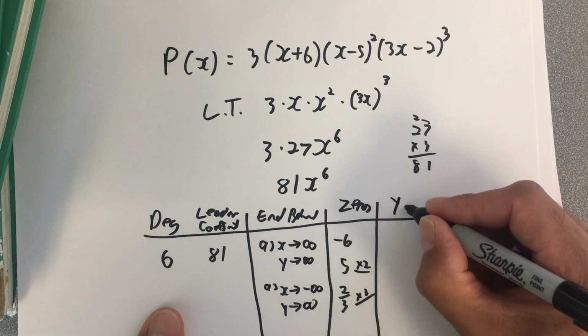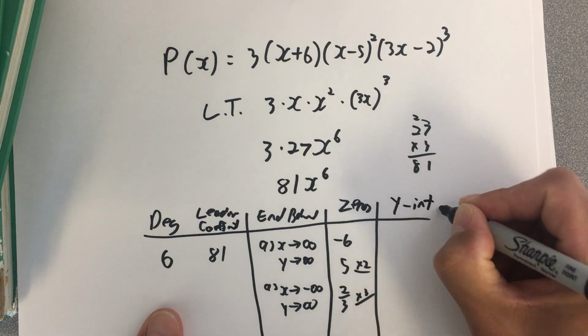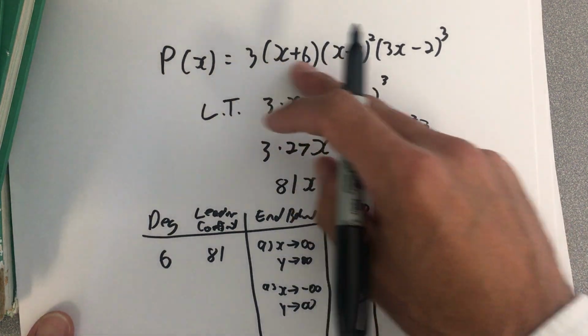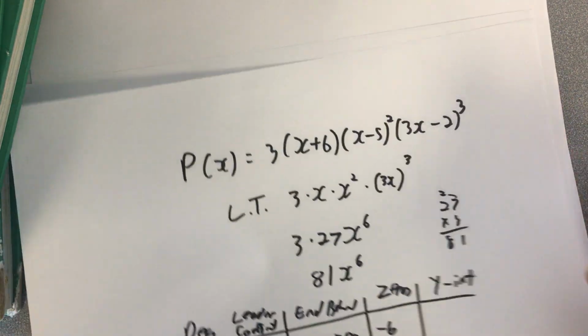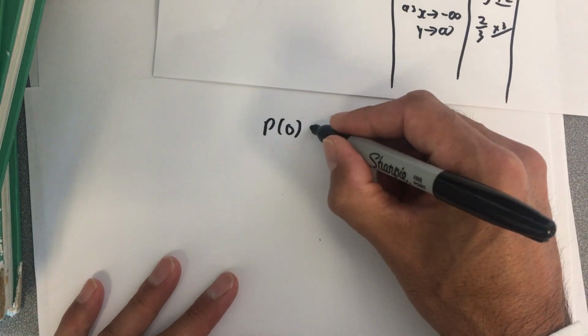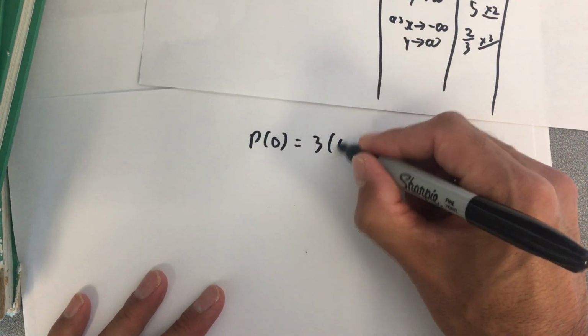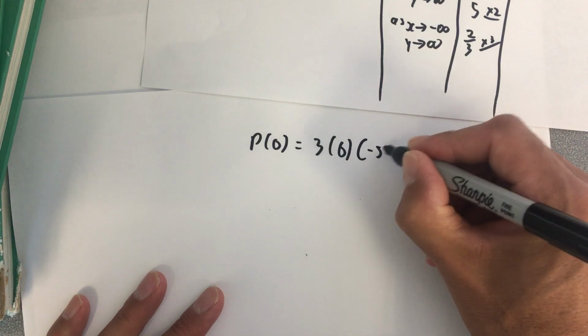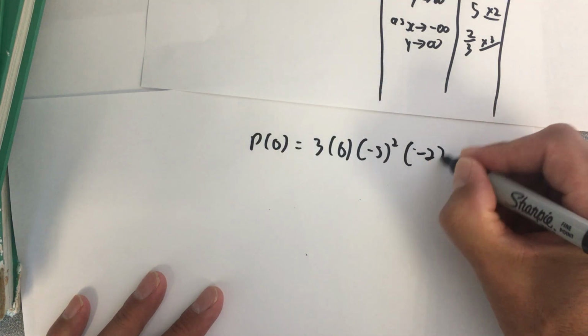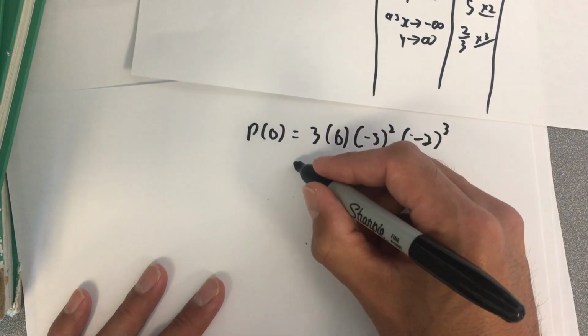And finally, our y-intercept. To find the y-intercept, all you've got to do is make x equal to 0. So our polynomial at 0 is going to be 3 times 6 times negative 5 squared times negative 2 cubed.